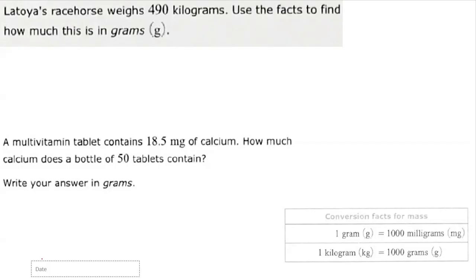Okay, next slide says Latoya's racehorse weighs 490 kilograms. Use the facts to find how much this is in grams. The second part says a multivitamin tablet contains 18.5 milligrams of calcium. How much calcium does a bottle of 50 tablets contain? Write your answer in grams.